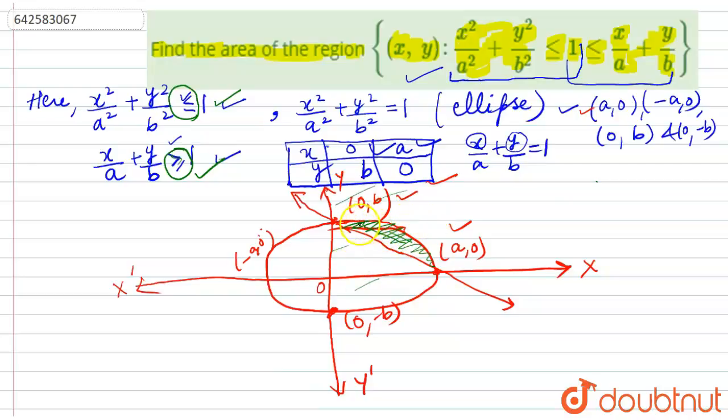So students, for finding this area, if you take the limits from 0 to a, we can subtract the ellipse, x square upon a square plus y square upon b square equals 1, and the equation of the line, x upon a plus y upon b equals 1.